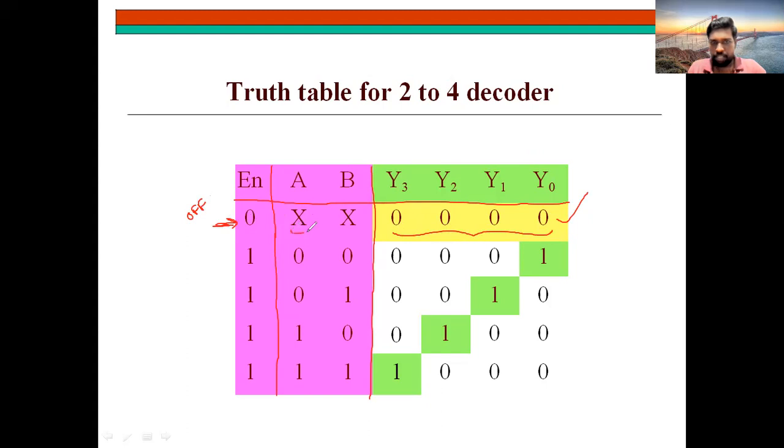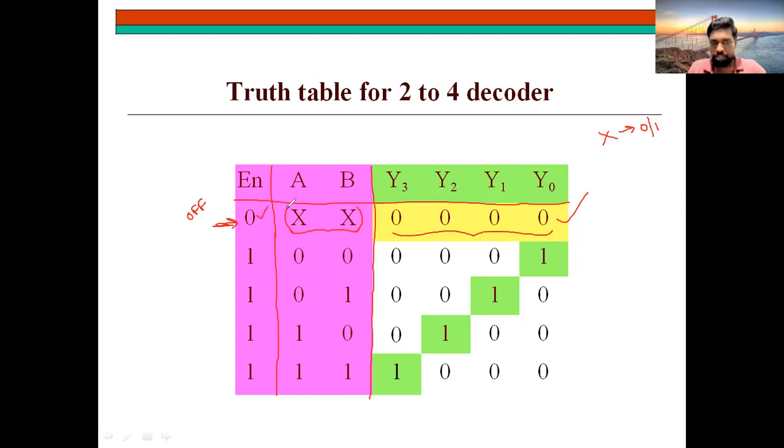When you see inputs here, x comma x, what is x generally? We have seen the concept of don't care. Wherever you find x, you can replace it with either 0 or 1. That means, irrespective of the input, the circuit won't bother about it. It bothers only about the enable input.